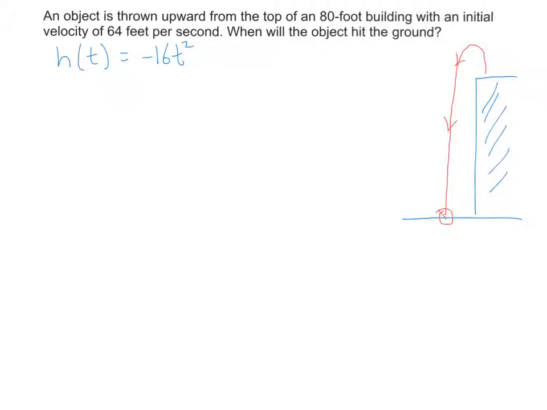If it's meters per second, that's going to be negative 4.9 t squared. Those are the way the numbers work out due to the force of gravity. And it's negative 16 t squared. And that is, as I said, due to the acceleration of gravity.